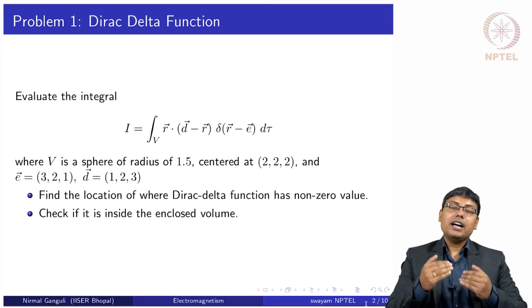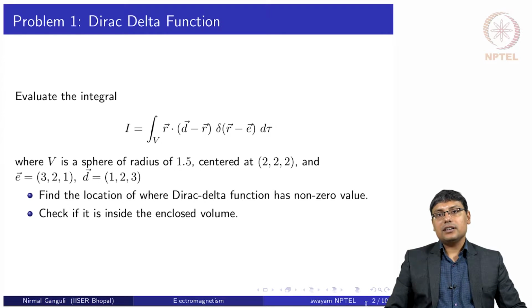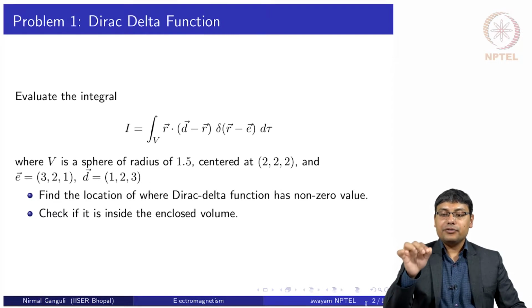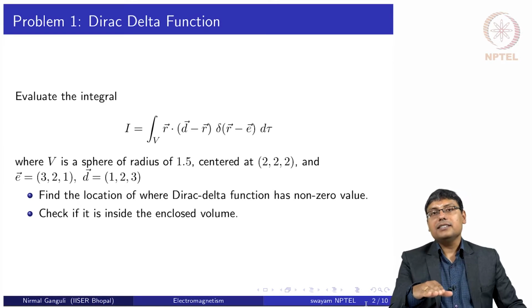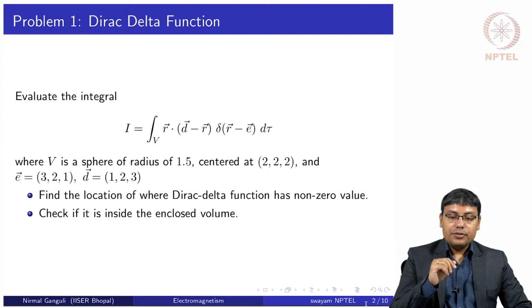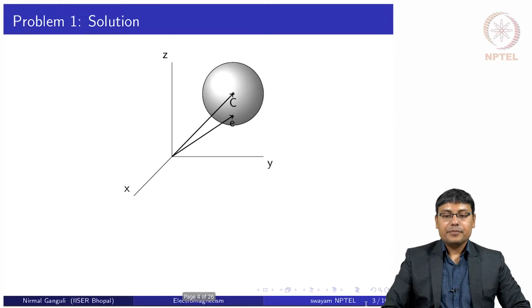If that point lies outside the volume, then this integral will be anyway 0, because except the point where the argument of the delta function goes to 0, everywhere else the Dirac delta function will return 0. Therefore, the first thing is to check whether the point where the argument goes to 0 is inside the volume that we are interested in.